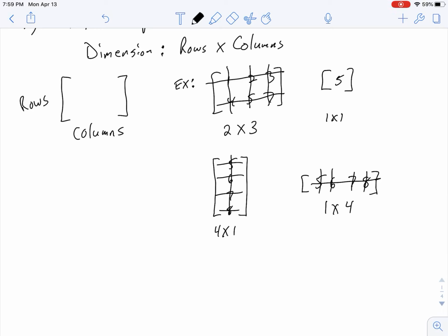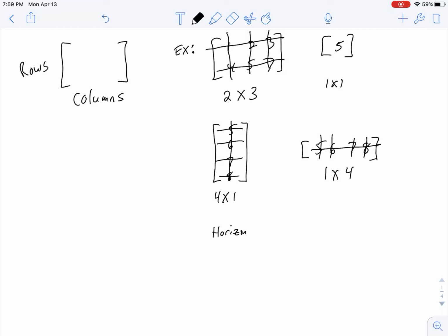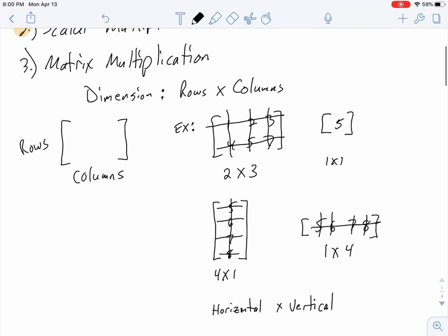So you have to have a fundamental understanding of what that is. If it helps, you can also look at it as horizontal by vertical, although rows by columns is the language that mathematicians would use.